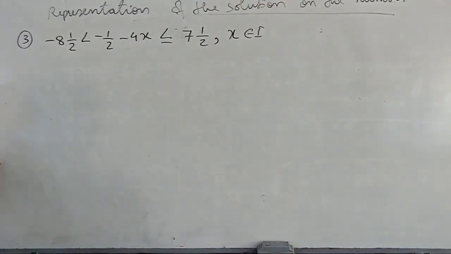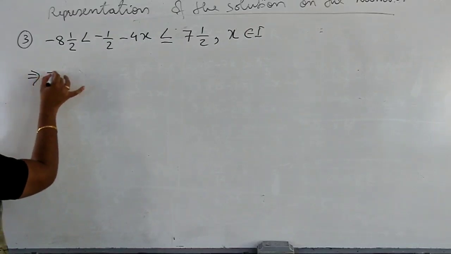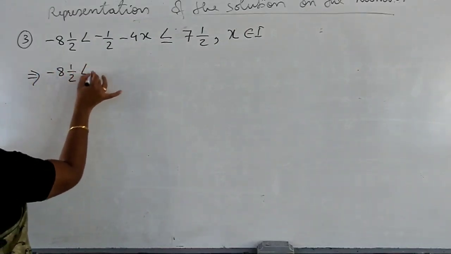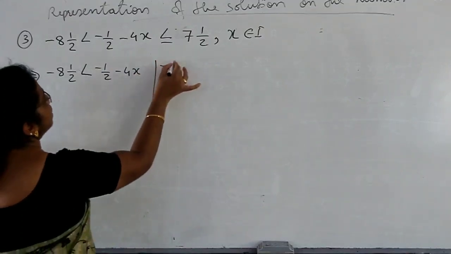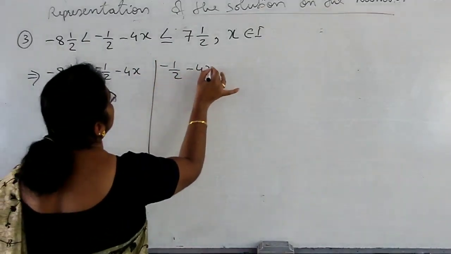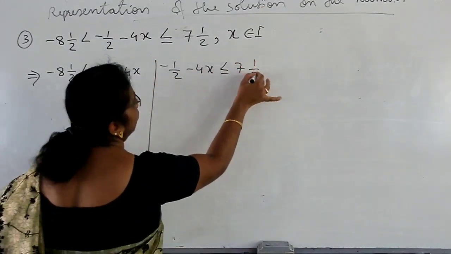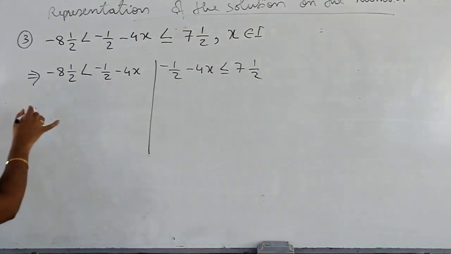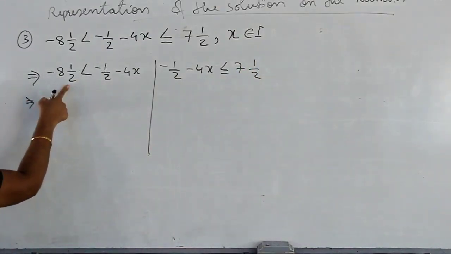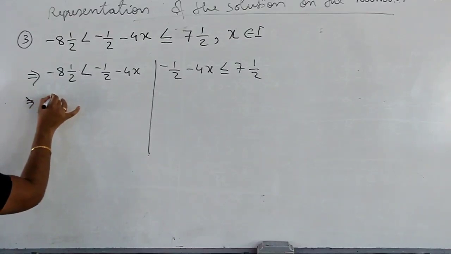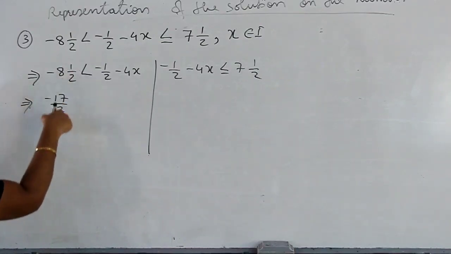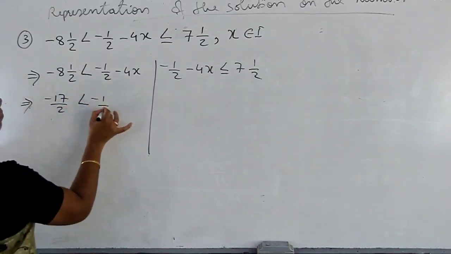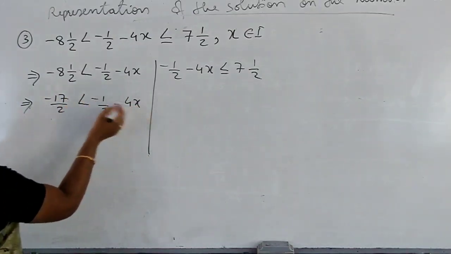Here also two inequations are there, so we can split this one: minus 8 and 1 by 2 less than minus 1 by 2 minus 4x, and minus 1 by 2 minus 4x less than or equal to 7 and 1 by 2. To solve this one, first convert into improper fraction: minus 17 by 2 less than minus 1 by 2 minus 4x.